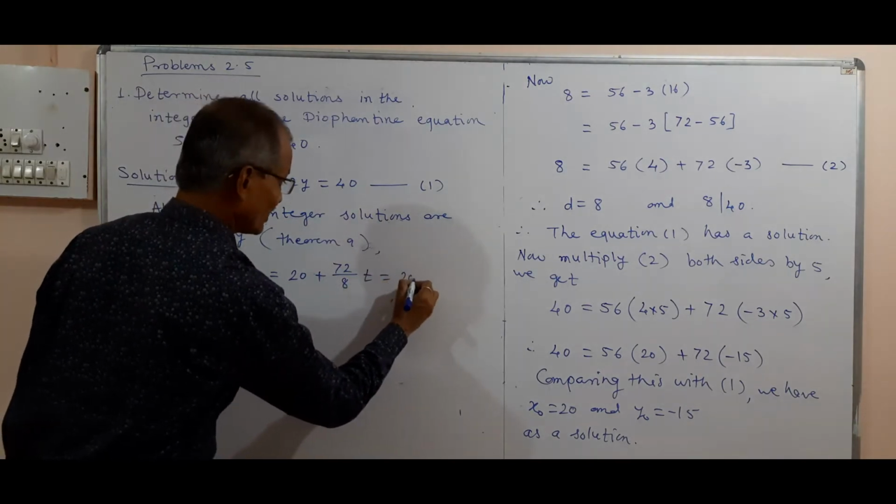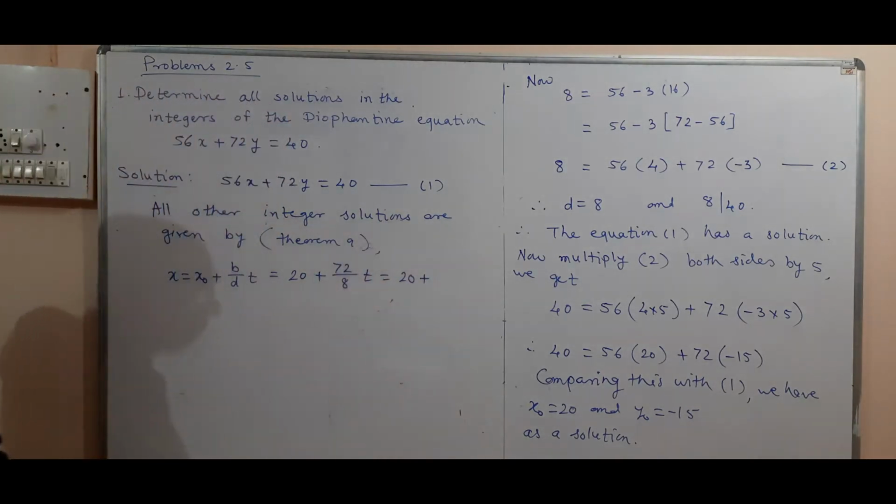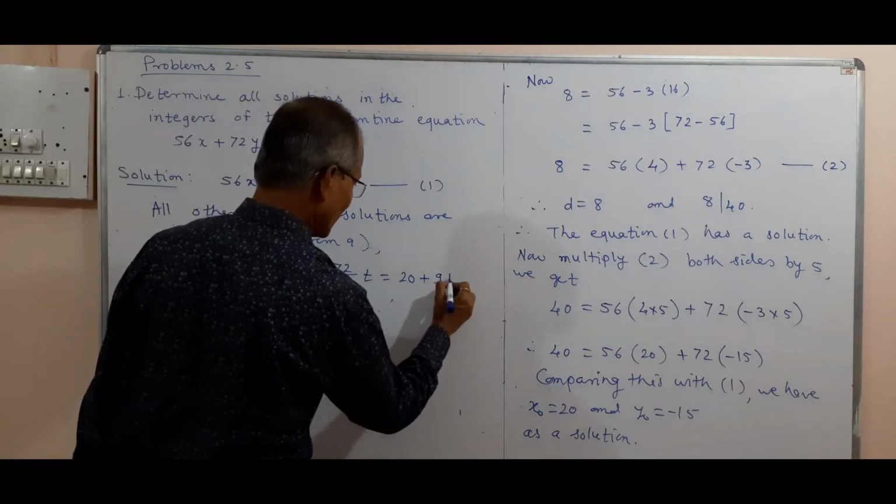So this is equal to 20 plus 72 divided by 8, that is 9, so 90t.